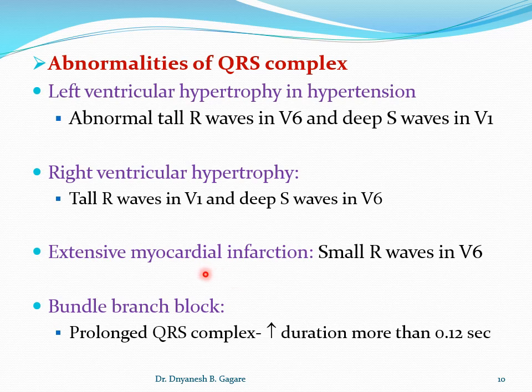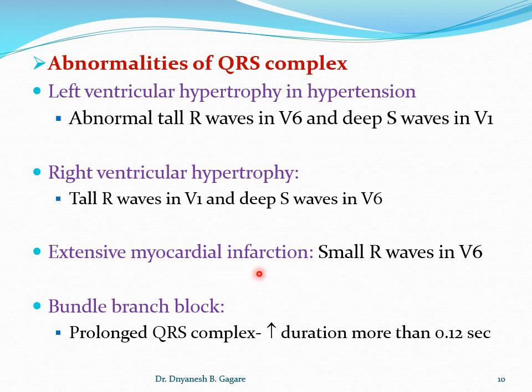Due to coronary blockage, the blood supply decreases, and the part beyond this block becomes infarcted. Infarcted means this part of the ventricle is not getting proper blood, its color becomes bluish, and it does not take part in actual contraction. That part is called the myocardial infarction.